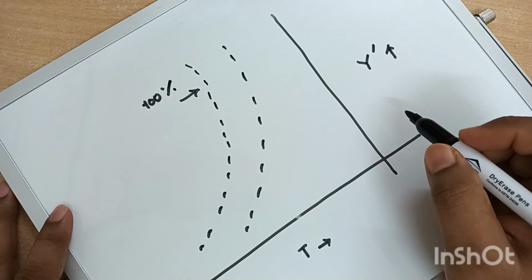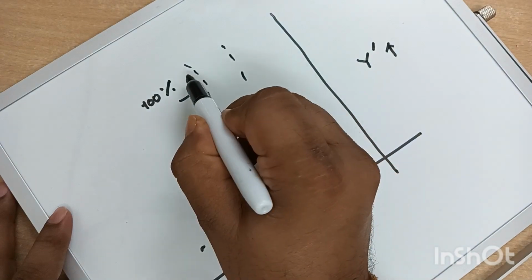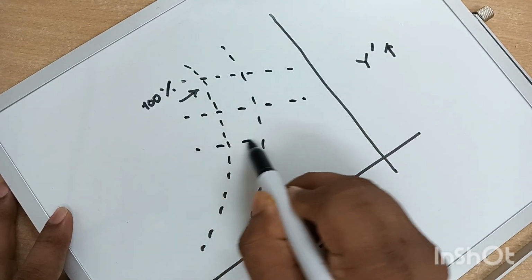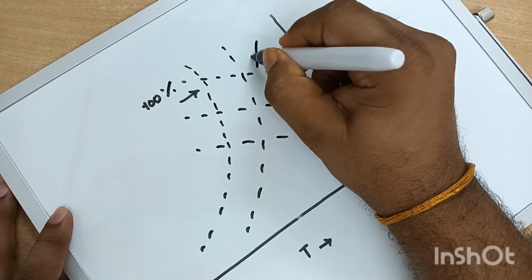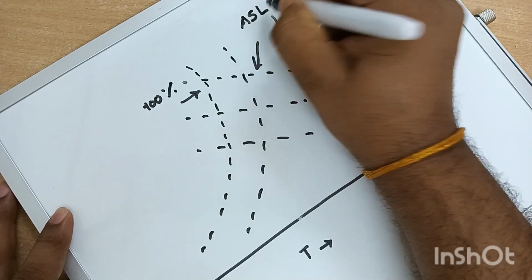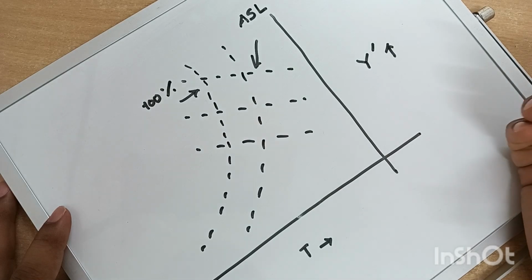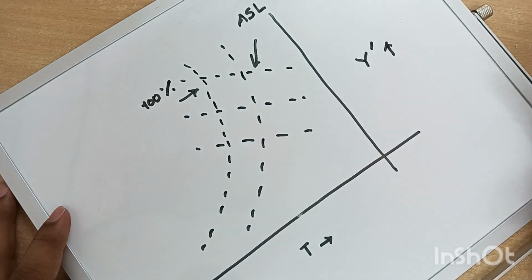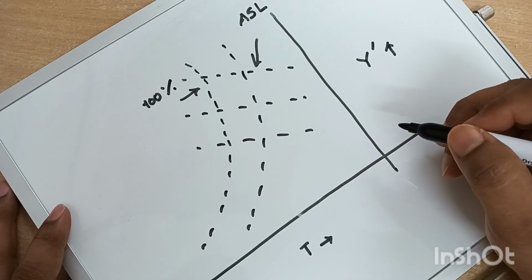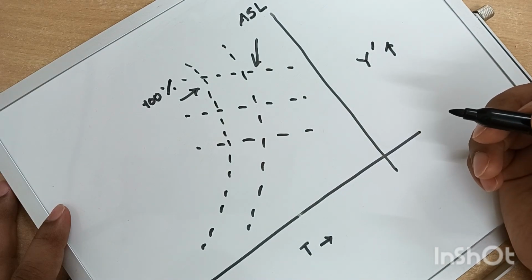And within the psychrometric chart you have several such lines which are known as adiabatic saturation lines, adiabatic cooling lines. There are many names.